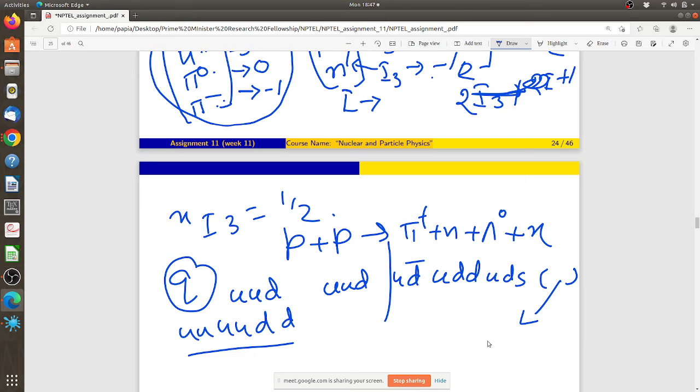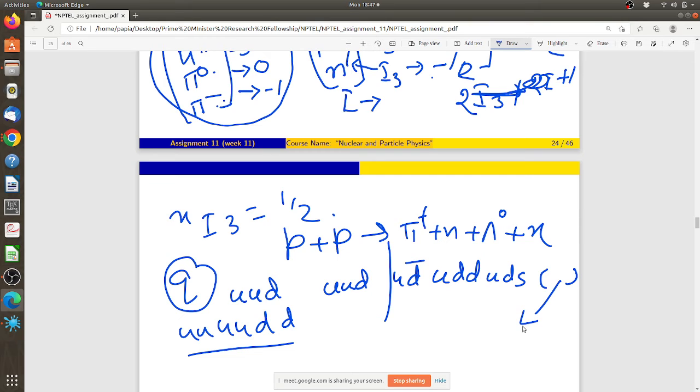UDS. How can it be a UDS? Just remember one thing, that the baryon number for x was 0, right? In the very first, when you were calculating, the baryon number for x was 0.